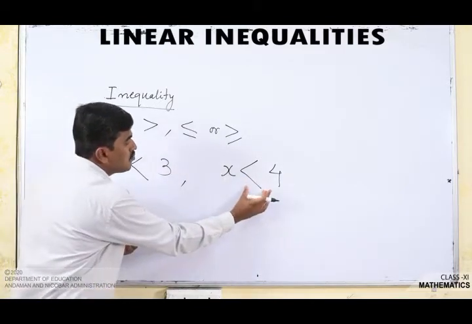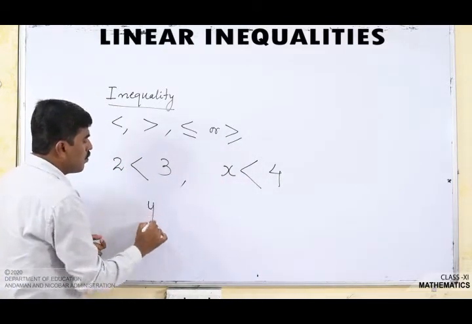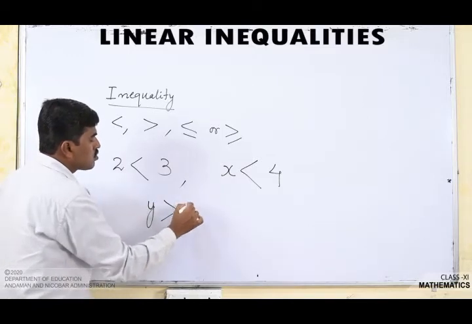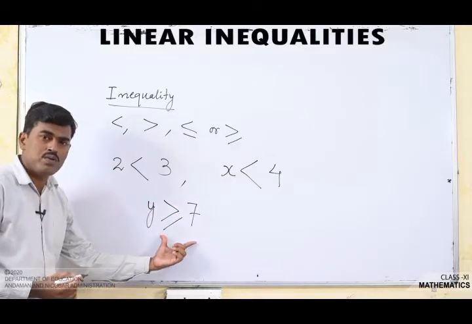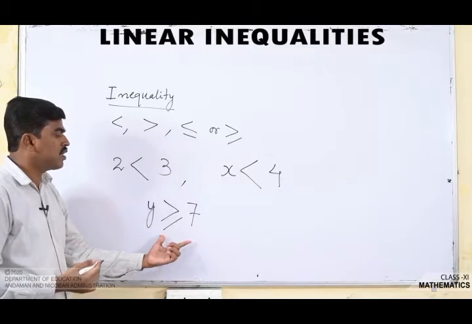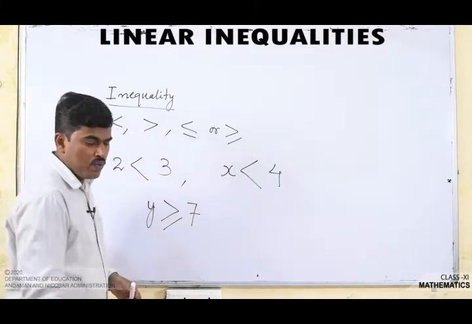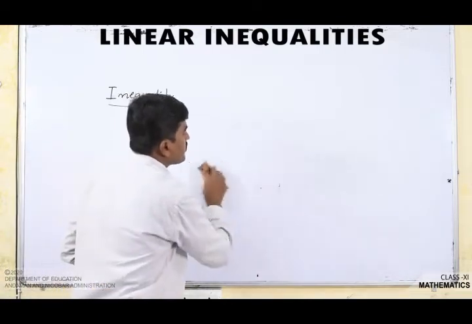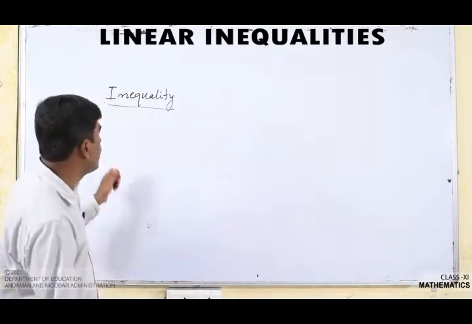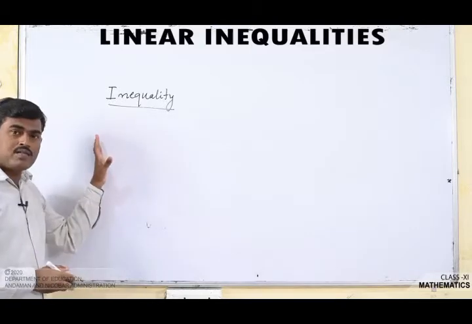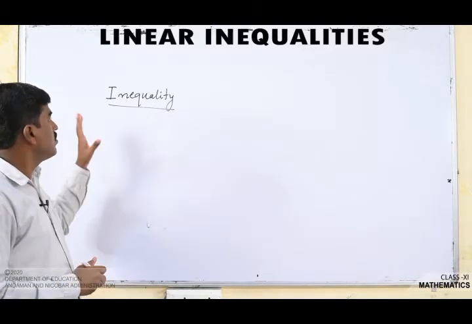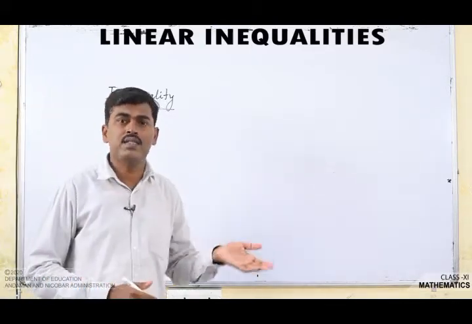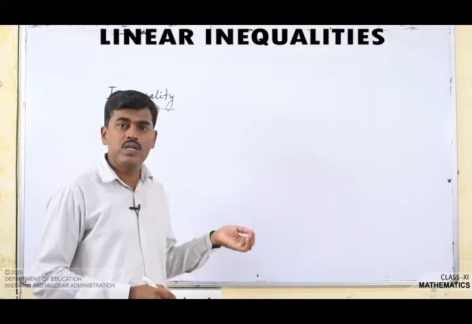It involves the symbol less than, or y is greater than equals to 7. Y is greater than equal to 7 is also an inequality. Okay. So in this way, what is an inequality? An inequality is formed by numbers or variables using the symbols less than, greater than, less than equal to, or greater than equal to.